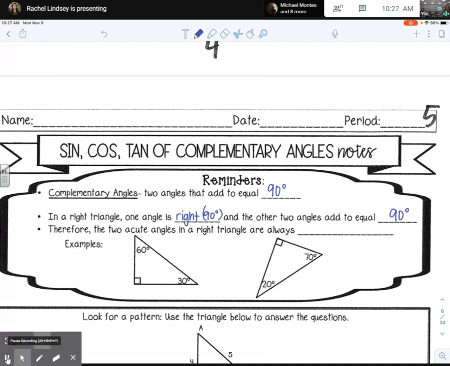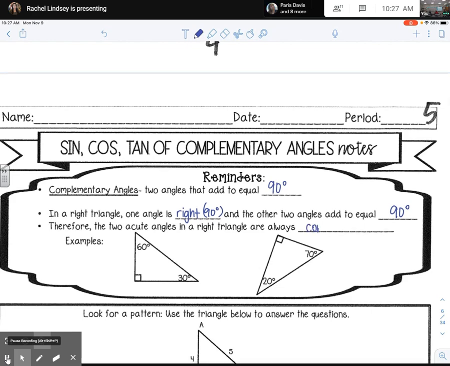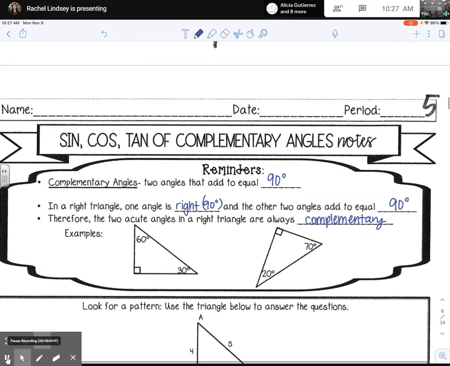Therefore, two acute angles in a right triangle are always complementary. So if I was looking at those two examples, 60 plus 30 equals 90, 20 plus 70 equals 90. The two acute angles in a right triangle always add to equal 90.